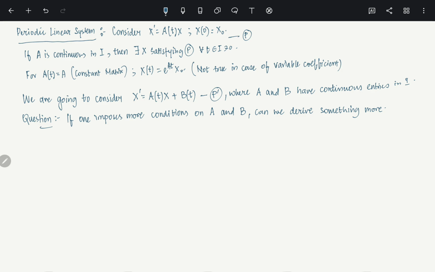So what we are going to do here is look at linear systems which are periodic. I'm going to explain what all of this means. First of all, we start with the definition.